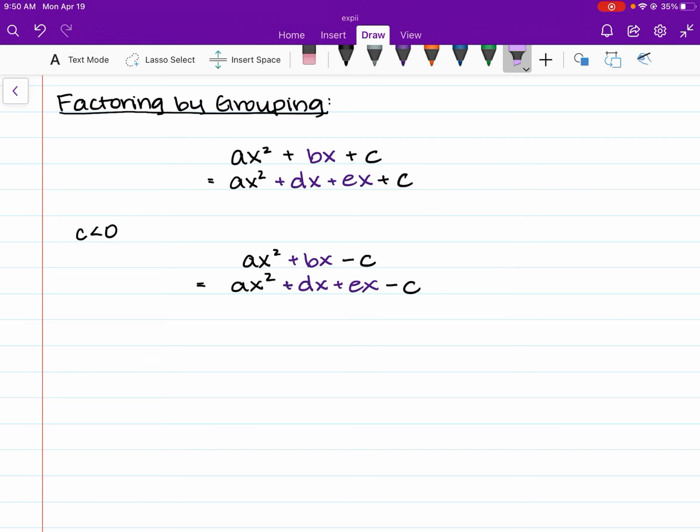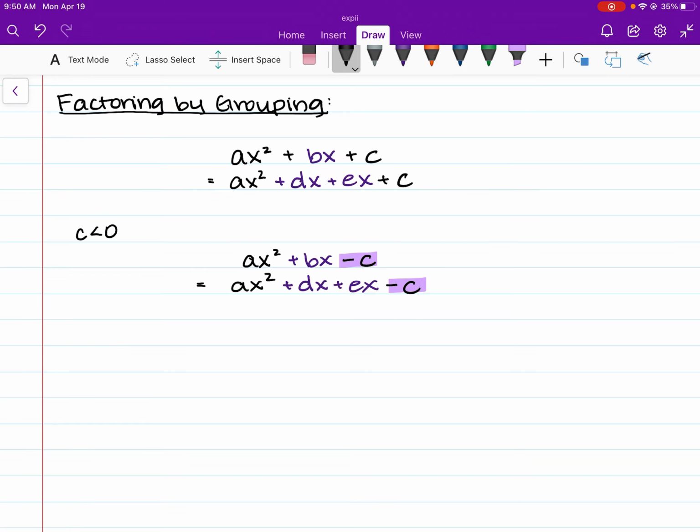So this minus c component is what makes this lesson unique compared to factoring other types of quadratics, because typically we've seen where c is positive, but here c is negative. And it is going to slightly change the way we tackle these equations by adding one tiny little component.